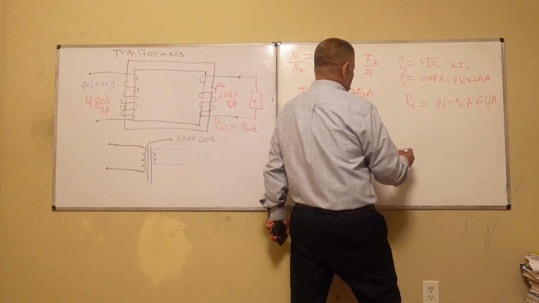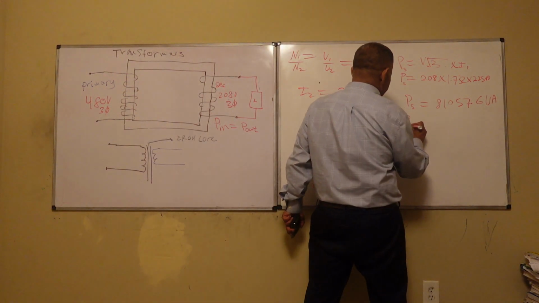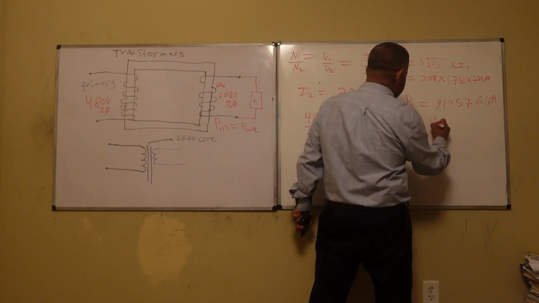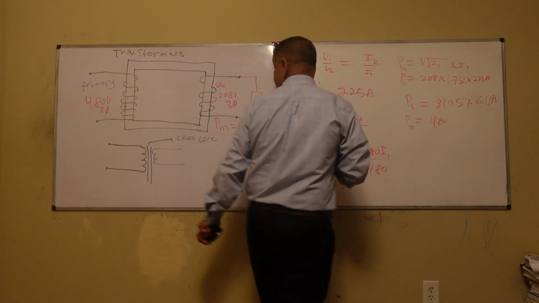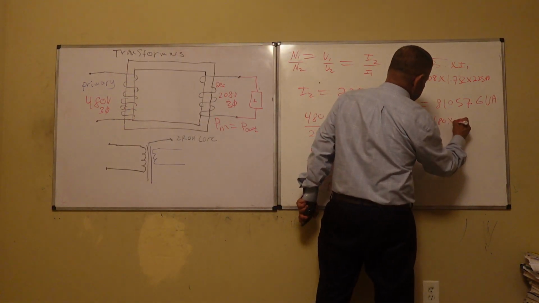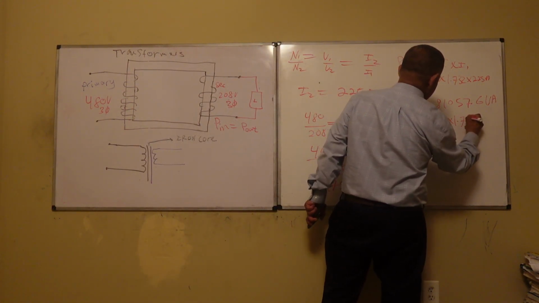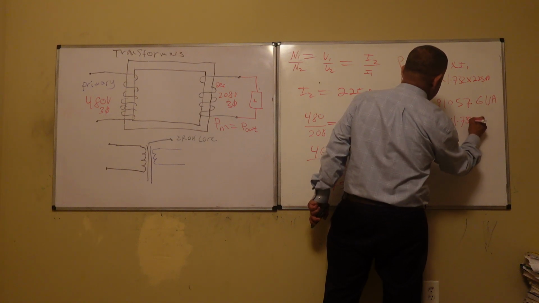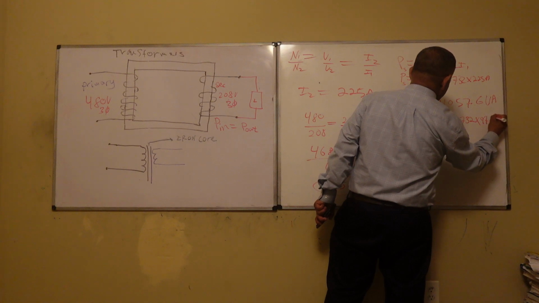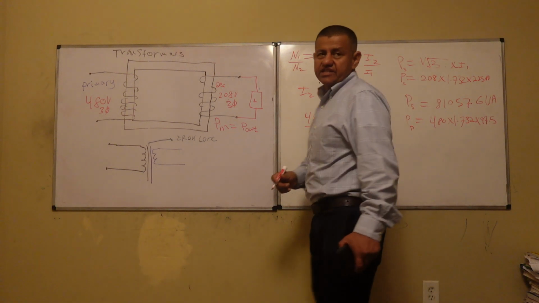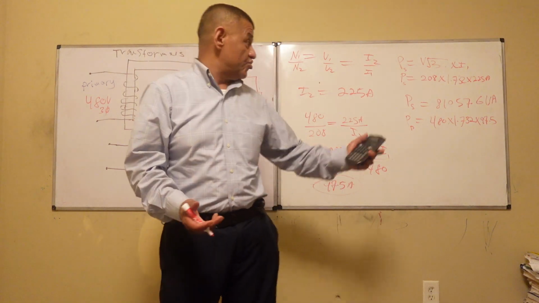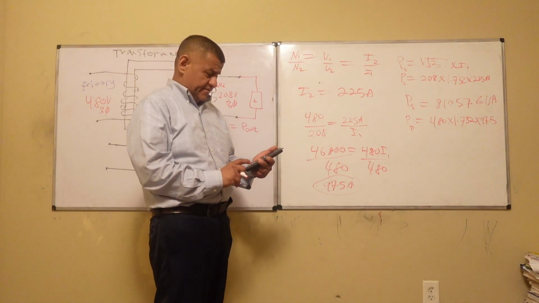So P primary is equal to 480 coming in times 1.732 times 97.5. Because if I use 100, it's not going to be the same. Now you understand why I use 97.5.